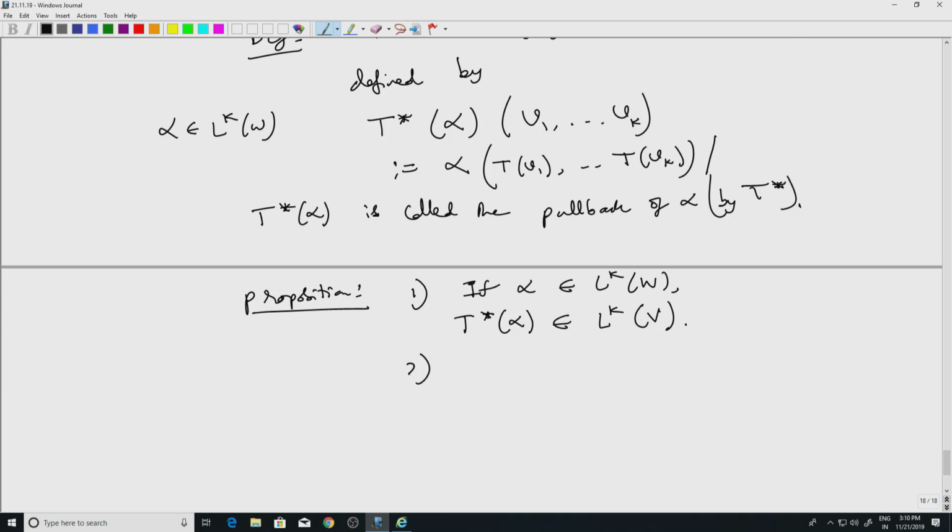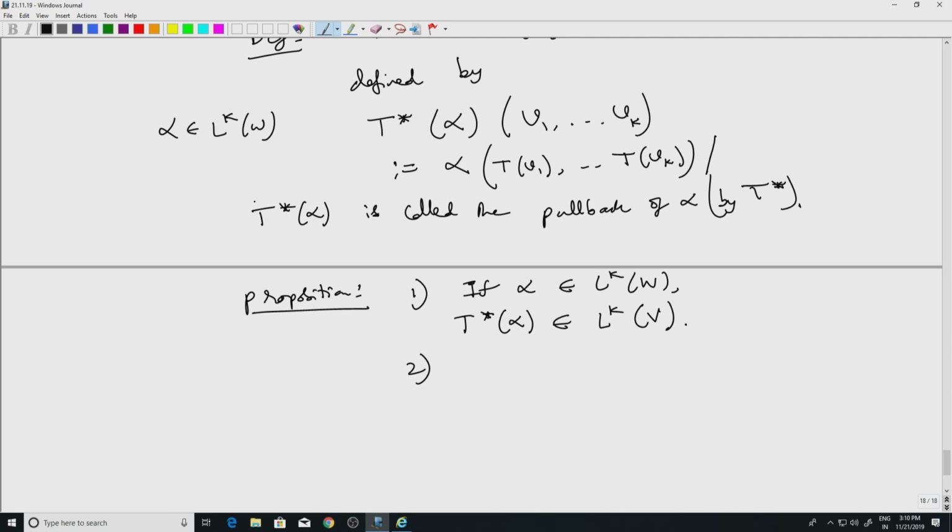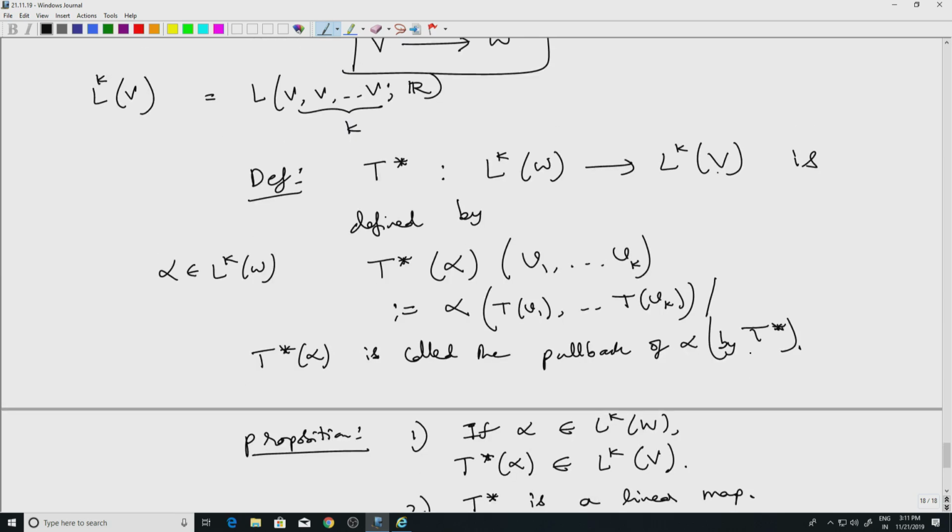And the second thing is that these sets L^k(W) and L^k(V) are themselves vector spaces, as I remarked earlier, and I have a map between two vector spaces. So one can ask whether T star is linear. Again, it's very easy to check that T star is a linear map from this space to this space.